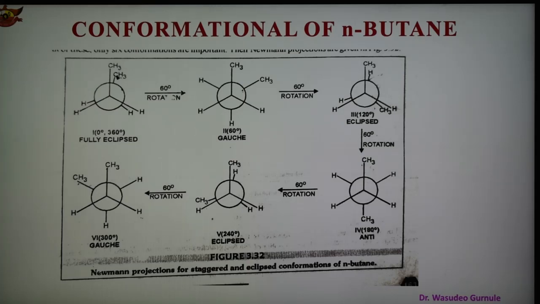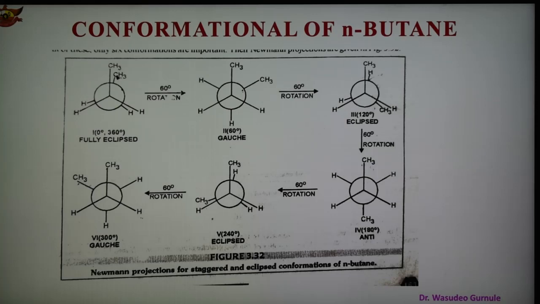Further rotation through 60 degrees gives rise to the completely or fully staggered conformation number 4, also called anti or trans conformation. Again, further rotation through 60 degrees gives another eclipse conformation number 5, which is similar to conformation 3. Still further rotation by 60 degrees gives another gauche conformation number 6, similar to conformer 2.